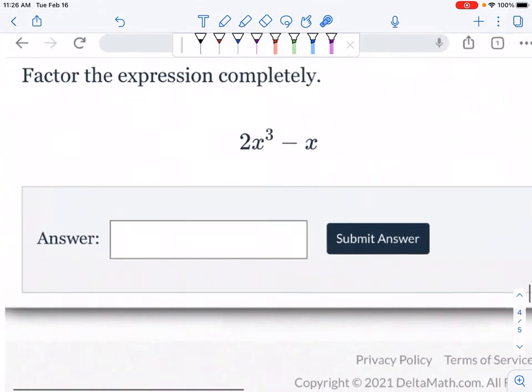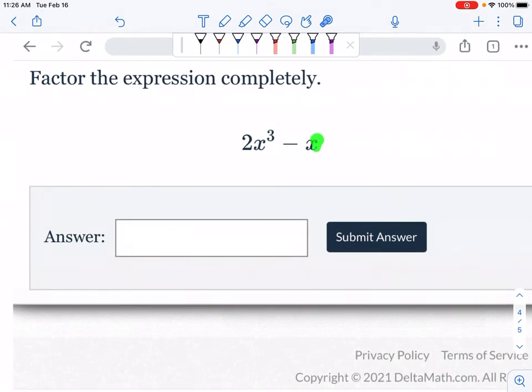Okay, so these aren't so bad. What happens if we have x to the third? Well, I'm going to check. I don't have common numbers that I can divide, but I do have common x's. I have an x here and an x. I have 3 x's here. X to the third, that's 3 x's multiplying, and x to the first, that's 1x multiplying. So I can pull 1x from each of them. There's 1x in common, and that would leave me with 2x to the second, remember, because we're going to drop a power from pulling this one out.